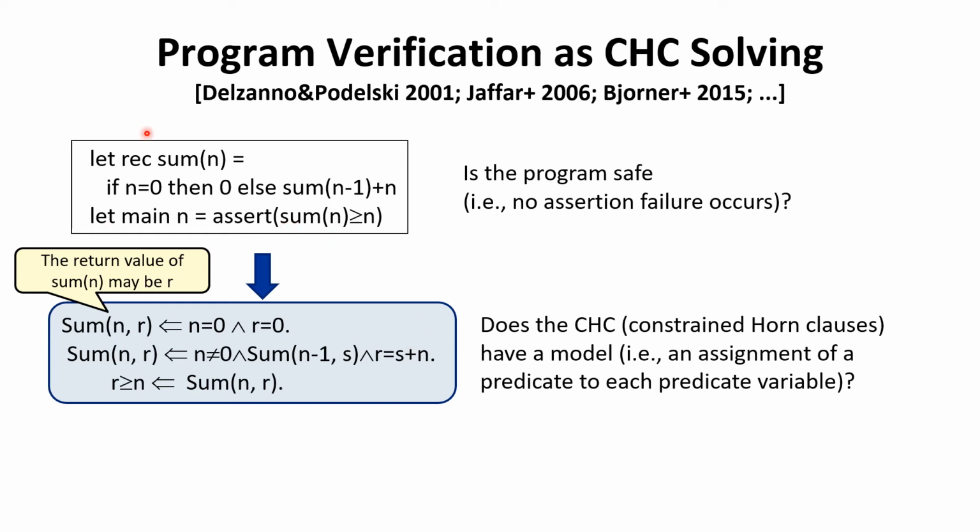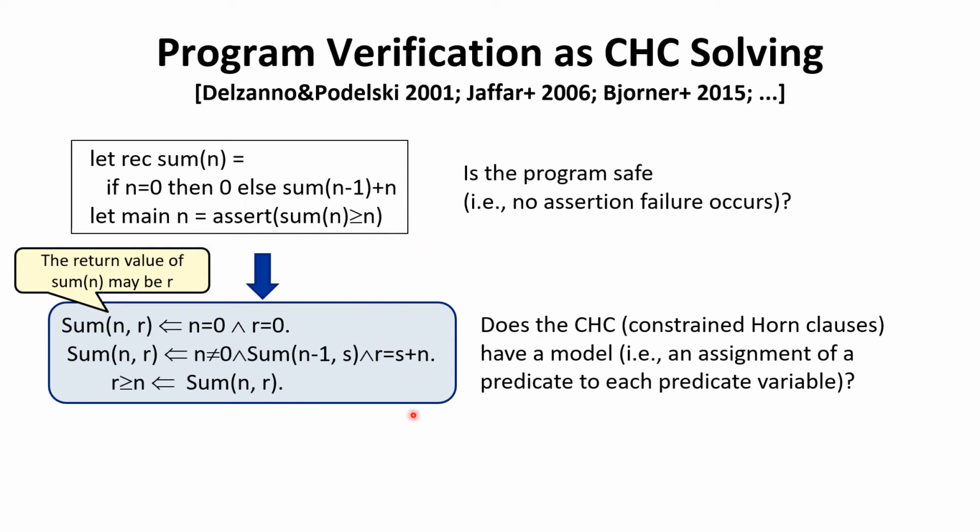So given this kind of program, we first construct the corresponding CHC. And here, this predicate sum represents the relation between input and output of this sum function. These first two clauses correspond to the definition of the sum function, and the last clause corresponds to this assertion.